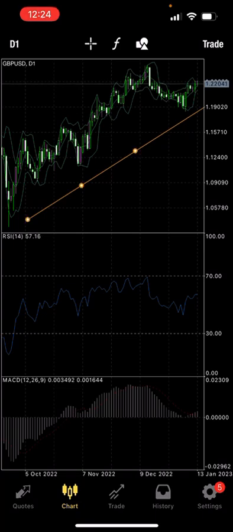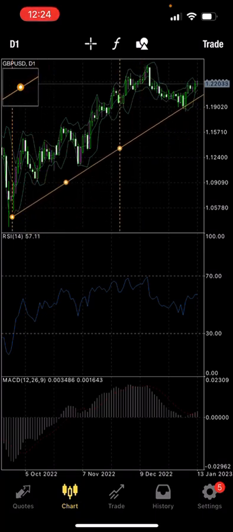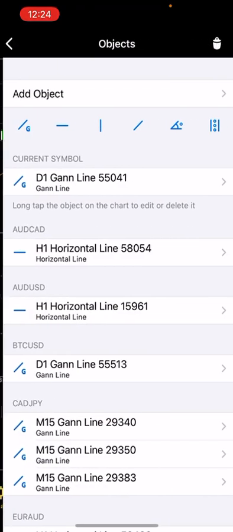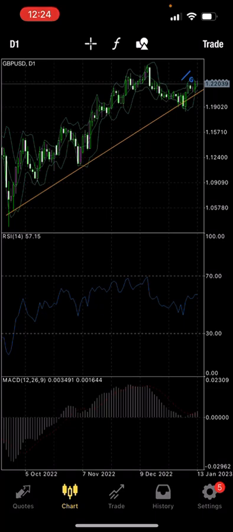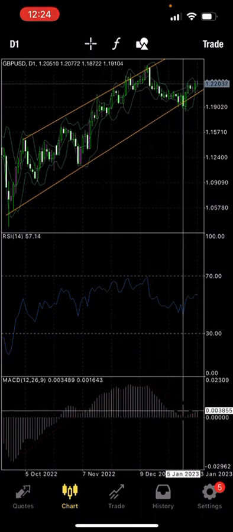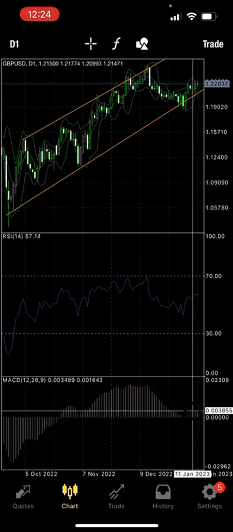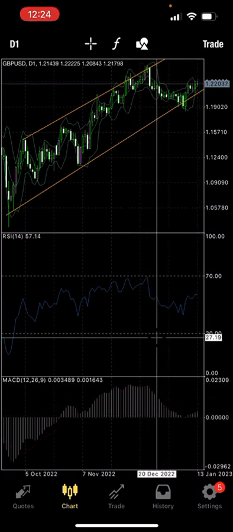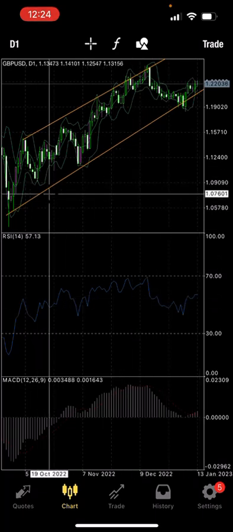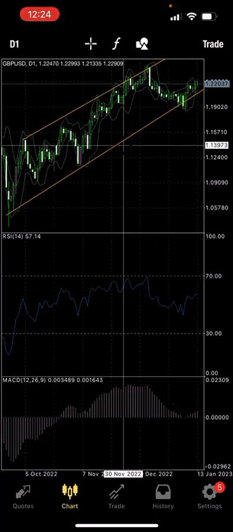What we got here is that the Great Britain pound has been going up. It has changed to a perfect up move. It's very strong. If you look at the MACD, the MACD is trying to rise again, and you can see the RSI heading up. So definitely we believe the GU is going up.